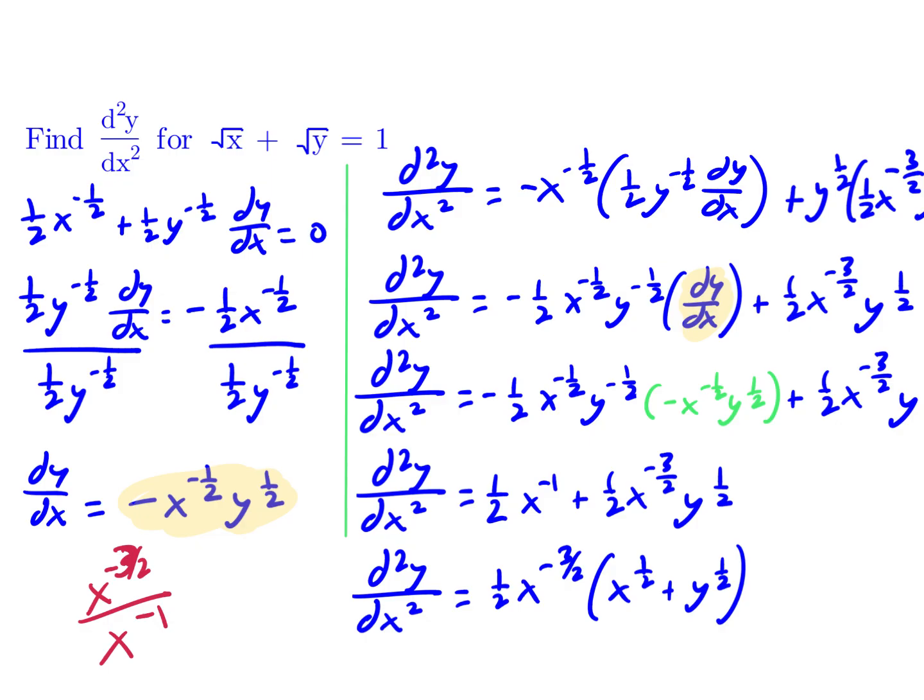Negative 3 halves minus negative 1. Or sorry, I did it backwards. My bad. Negative 1, negative 3 halves. So that's why it's x to the negative 1 minus negative 3 halves. That's where this term comes from.